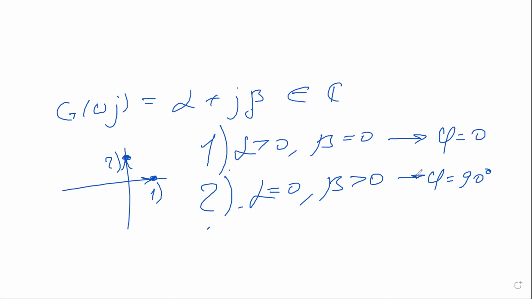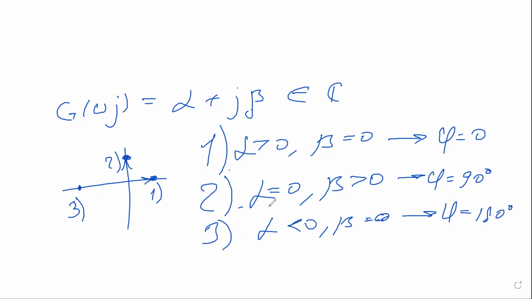Does it make sense? All right. The third case: alpha is negative, beta is equal to 0. You can see that phi is equal to 180. That's how you can think about it, and -1 is exactly this case.